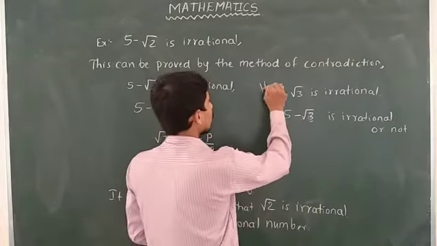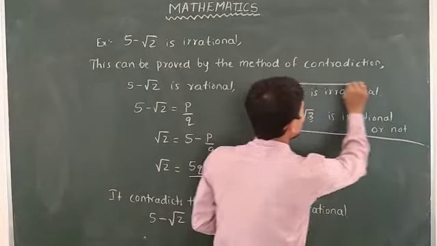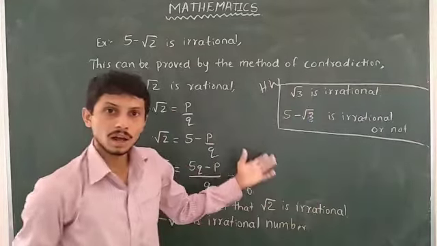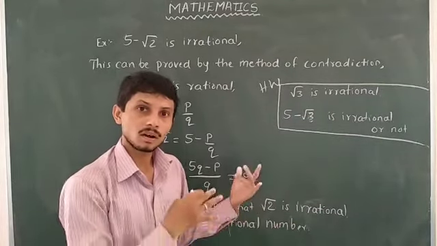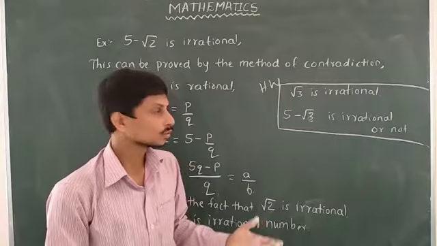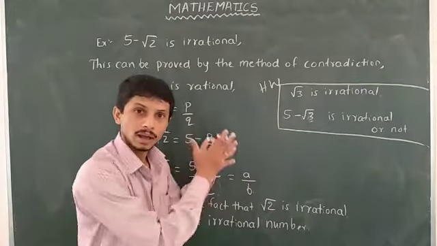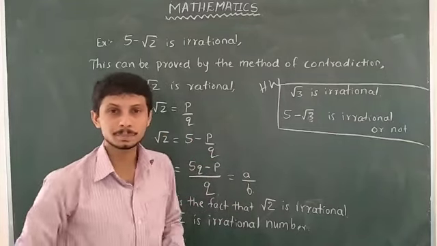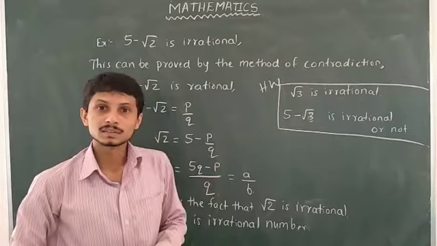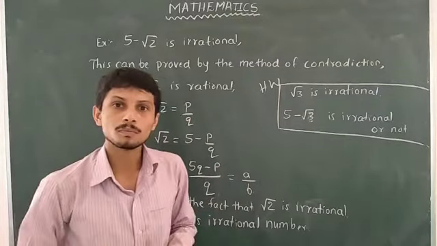So these are the homeworks, and you have to solve them at home. I already showed how root 2 is irrational and how to prove that statement, and I solved 5 minus root 2 here. By reference to these methods and steps, you have to solve these homeworks at home.